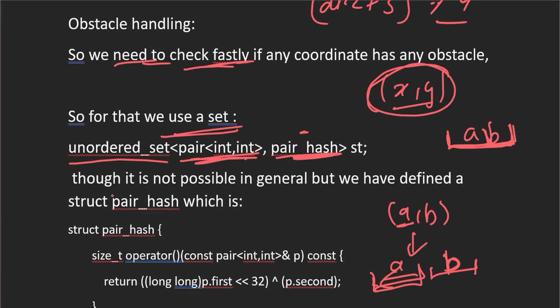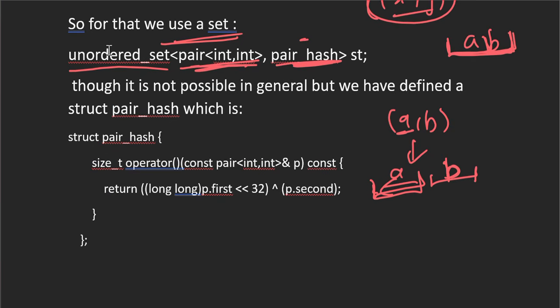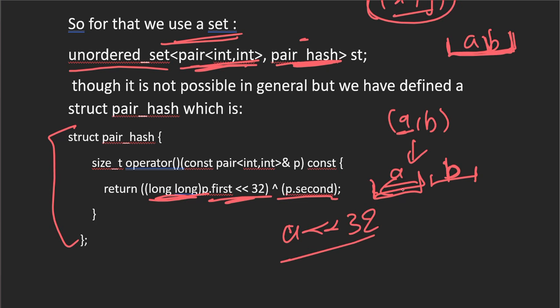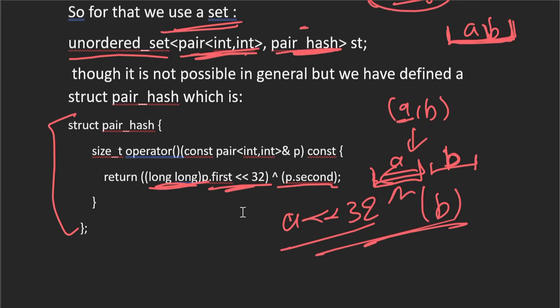So that's what our struct pair hash is doing, it takes the pair and converts it to a single long number, right? This is like p dot first, the first value of the pair a, it is shifting it by 32 bits, and then taking XOR with the second value b. So this is somewhat a jugaad only.